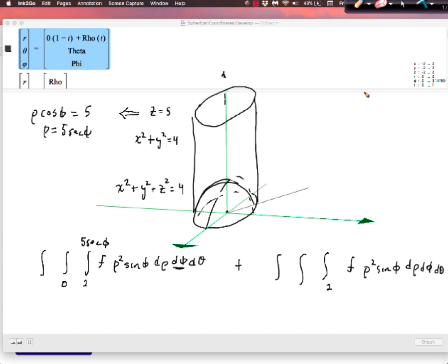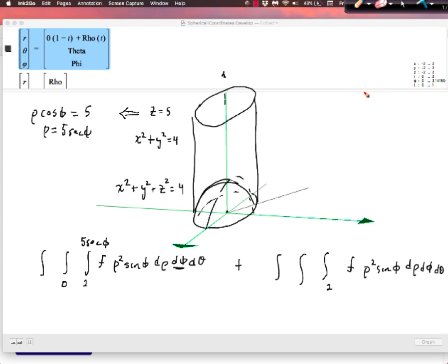What determines the breakpoint between exiting out z equals 5 and exiting out the cylinder? What's that breakpoint?